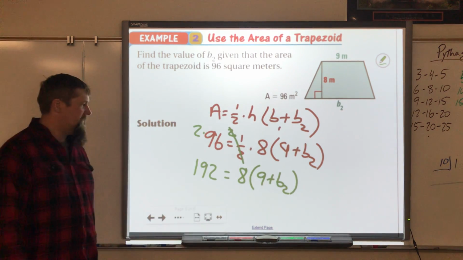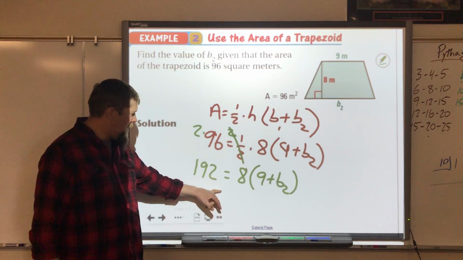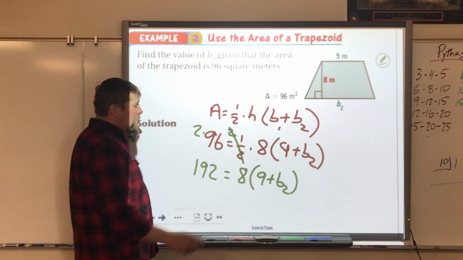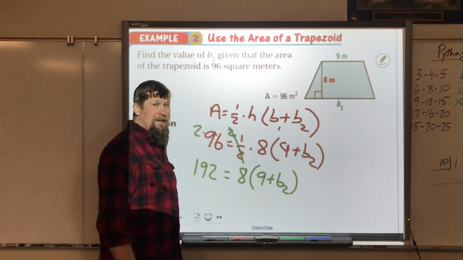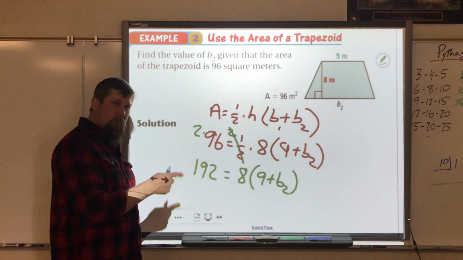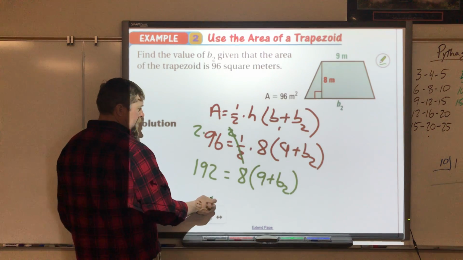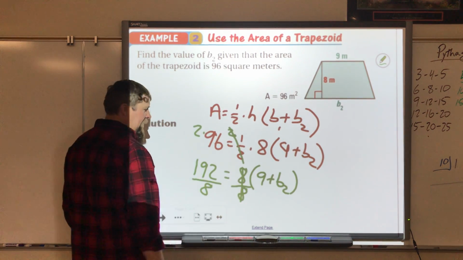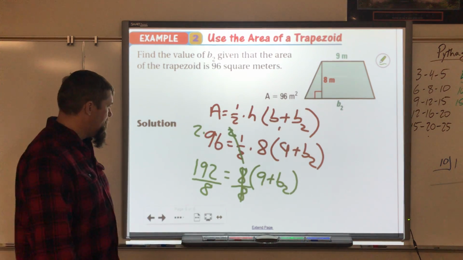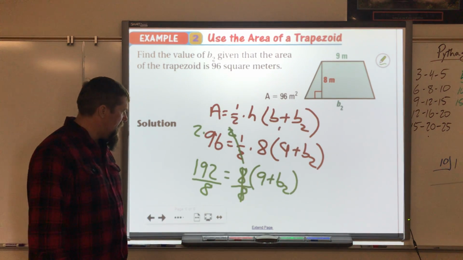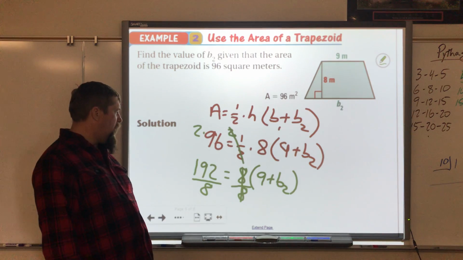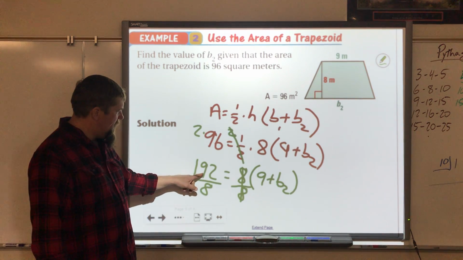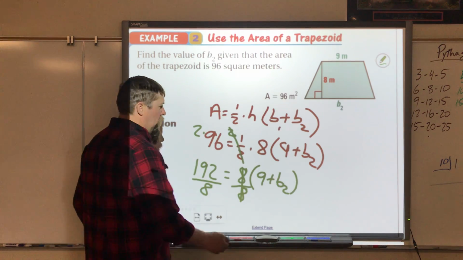Now there's 2 ways of doing this. You can either divide by 8 to this side and then subtract 9, or you can distribute the 8 and then subtract and divide. Okay, if I divide first, I get rid of 8 by dividing by 8. 192 divided by 8, 8 goes into 19 twice, that's 16, so 24.